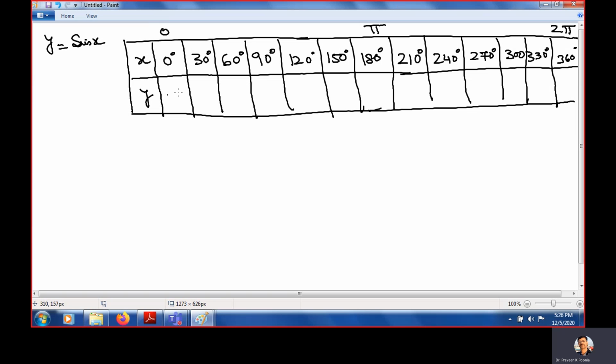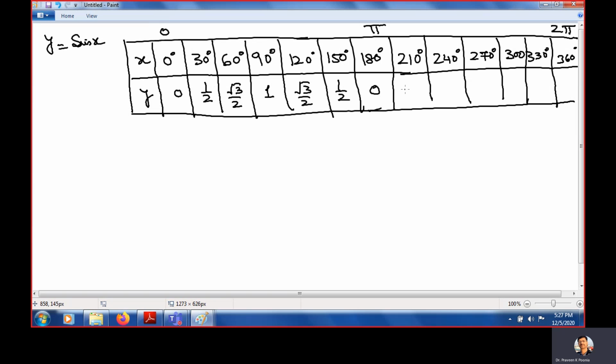Sine 0 is 0, sine 30 is 1 upon 2. You can calculate with the help of a calculator. Sine 60 is square root 3 by 2, sine 90 is 1, then sine 120 is square root 3 by 2, sine 150 is 1 upon 2, and sine 180 is 0.